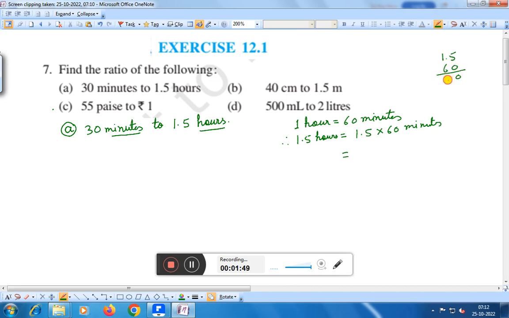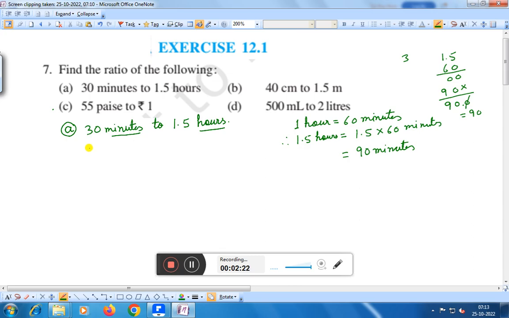It comes to 90, since after the point there is no value for 0. That is, it comes to 90 minutes.